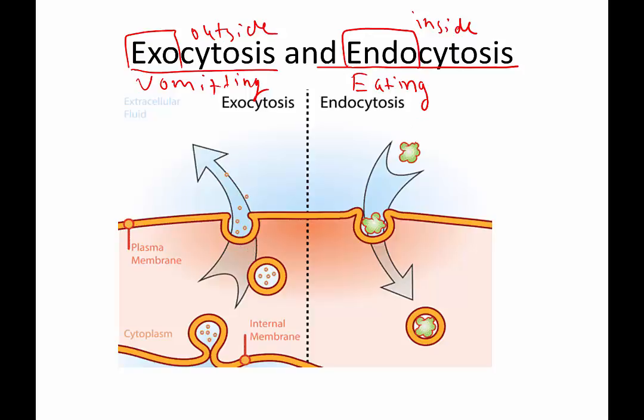So imagine a cell is going to ingest some food. So we have some food particle right here. In endocytosis, essentially you have an infolding of the plasma membrane. So to the outside of the cell, there's an infolding of the plasma membrane. It's almost creating like a pocket. So it has an infolding, and eventually these two ends are going to come together, and you have a food vacuole formed.